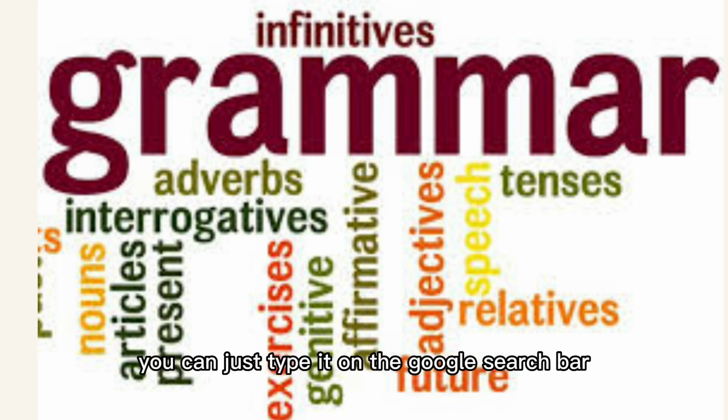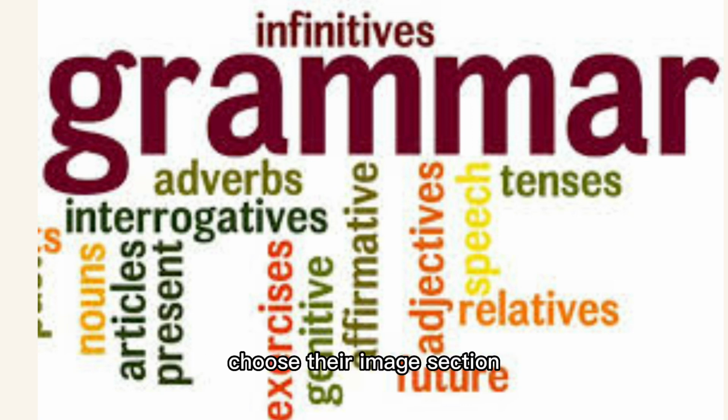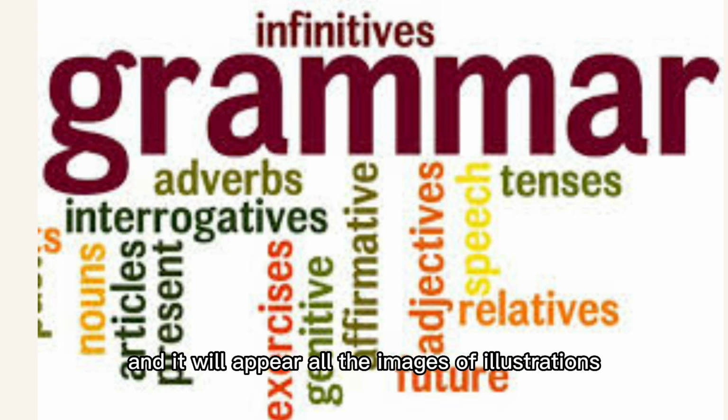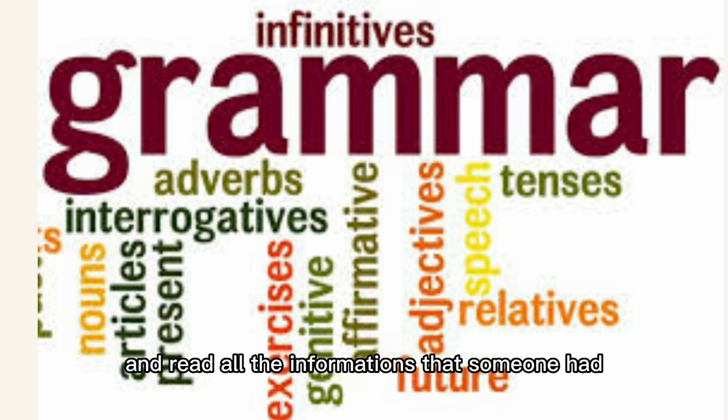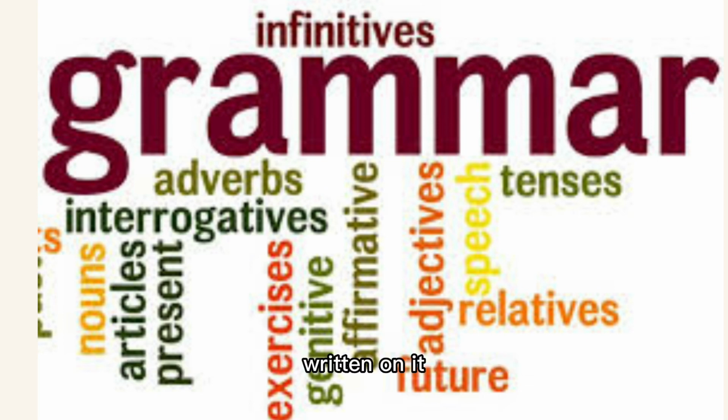You can just type it in the Google search bar, and whenever the results come up, choose the image section, and all the images or illustrations about the grammar topic you have just typed will appear. Then you choose the funniest, most colorful, most vivid picture, and read all the information that someone has written on it.